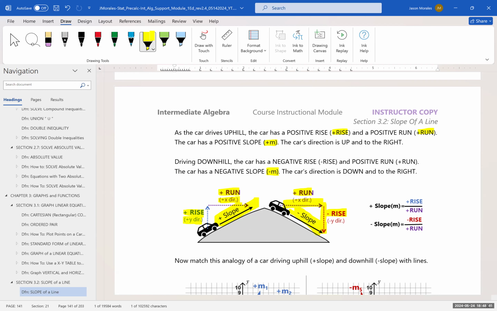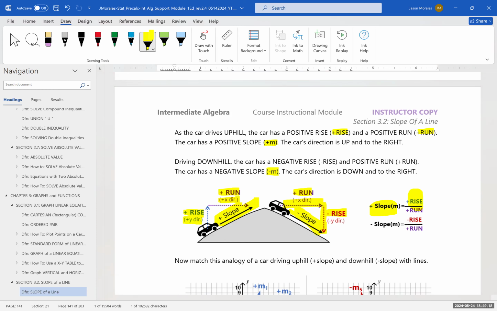And so, how did we determine that this has a positive slope? A positive slope is the ratio of rise over run. When we have a positive rise and a positive run, we're going to get a positive slope.